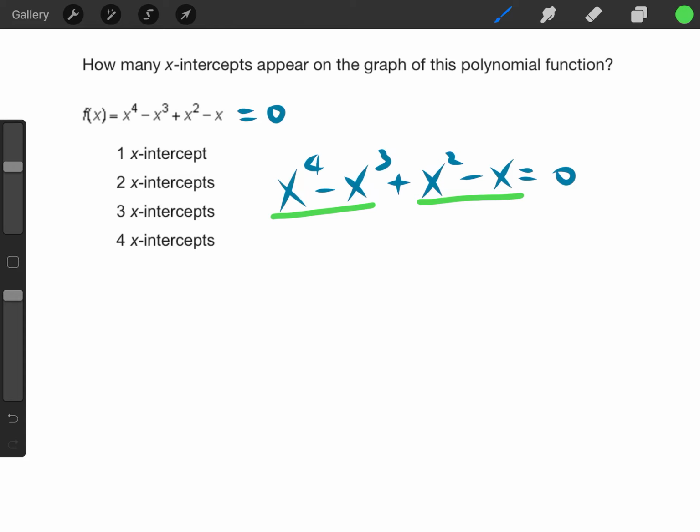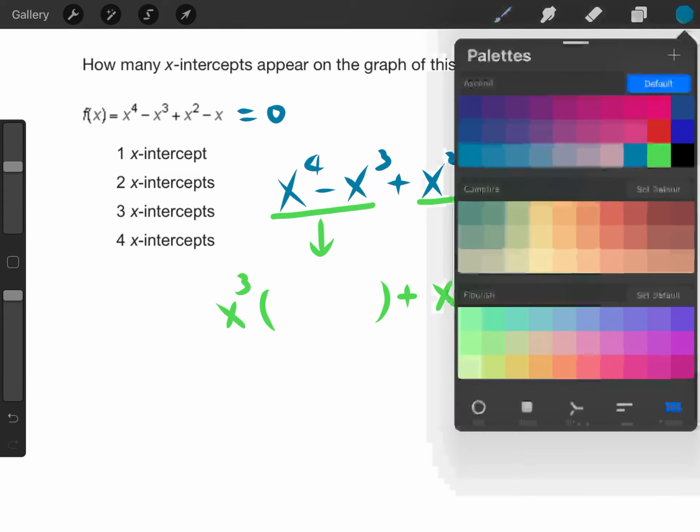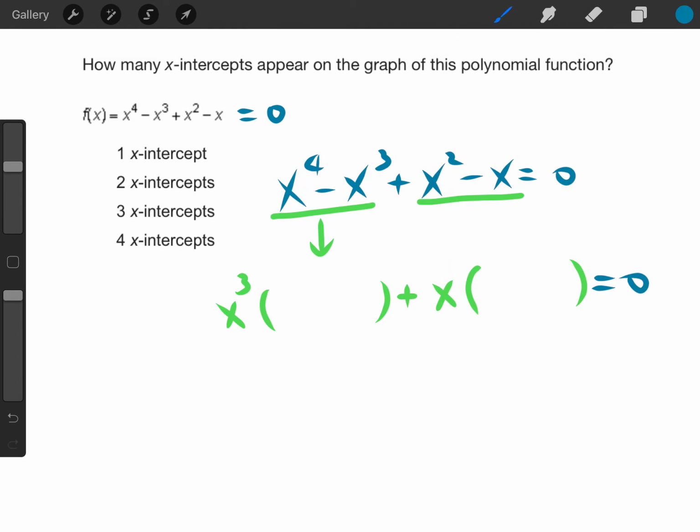So I'm going to factor out x cubed from the first two, plus I'm going to factor out x from the second two. If you factor out the x cubed, that leaves you with x minus 1 over here. And if you factor out the x from the second pair, it's going to be x minus 1 as well.